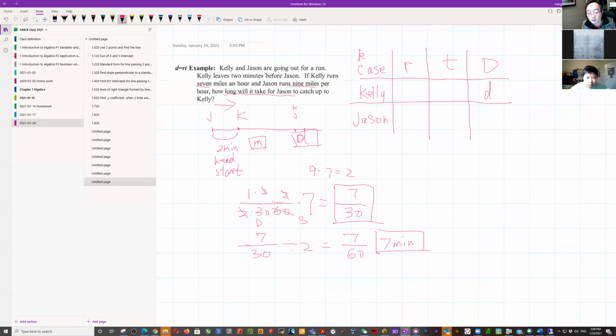This is a very systematic way to do it. For Jason, it takes M minutes. So in hours, it's divided by 60. So M, on the time column, is M divided by 60.